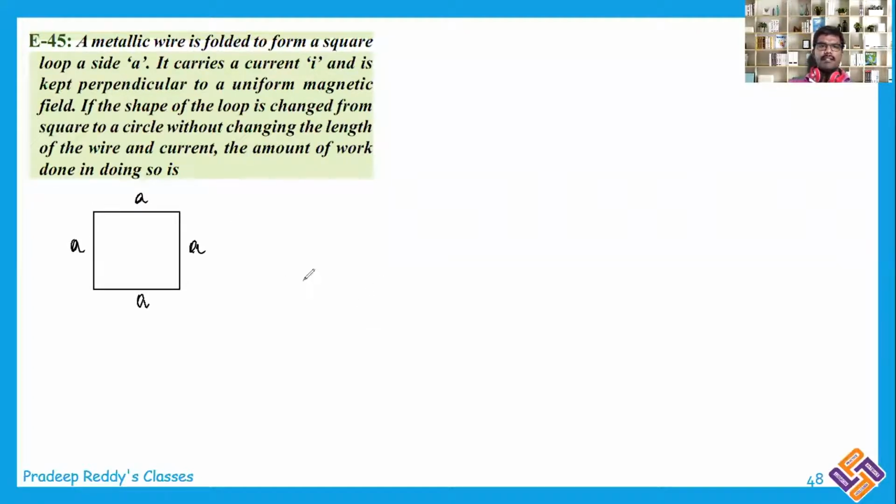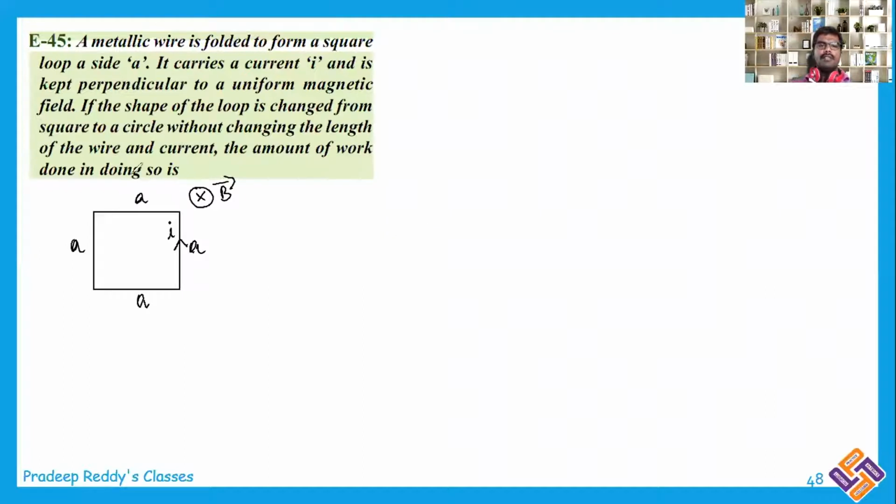It carries a current I in the anti-clockwise direction, and it is kept perpendicular to a uniform magnetic field. So the magnetic field I can take as B.